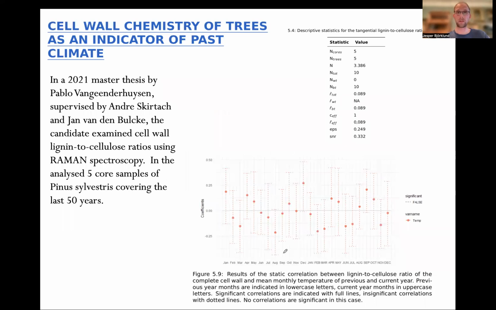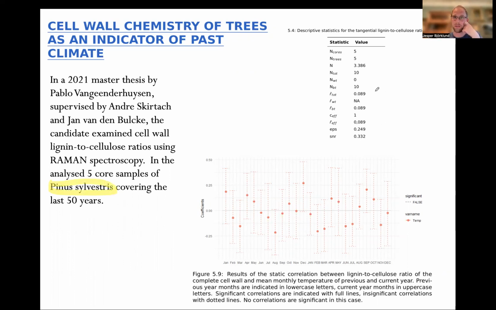Another example is a master thesis conducted last year by Pablo van Genderhuizen. I don't know if I pronounced that correctly, but they measured the cell wall lignin to cellulose ratio using Raman spectroscopy in 5 core samples of Pinus sylvestris. So another species here, covering the past 50 years.